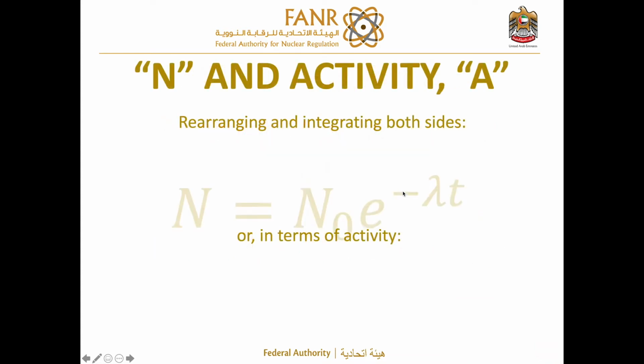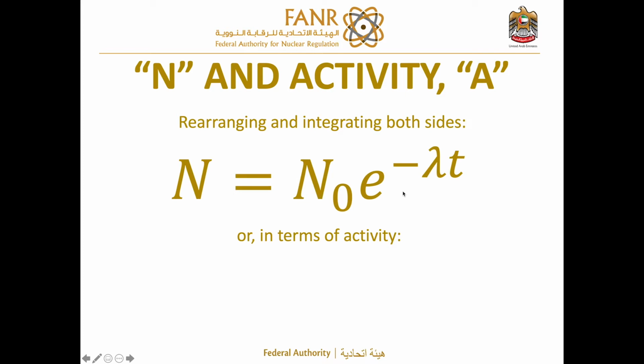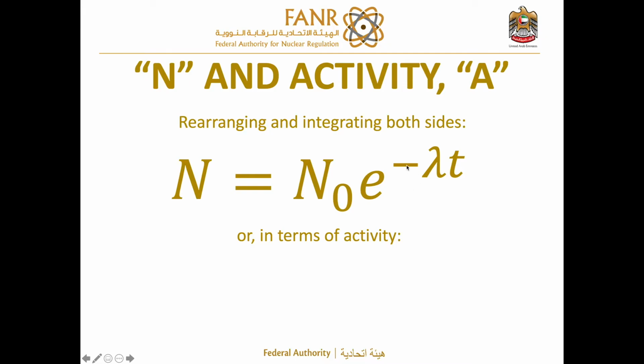If we integrate that equation, we obtain the equation which describes the change of the number of atoms with time. We have seen this before. So the number of atoms at a specific time t is the initial number, considered initial just for our purposes, N0, multiplied by the exponential of minus lambda multiplied by t.